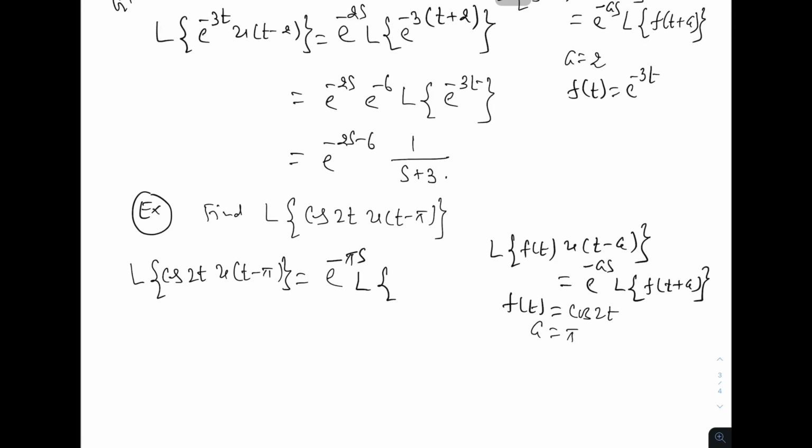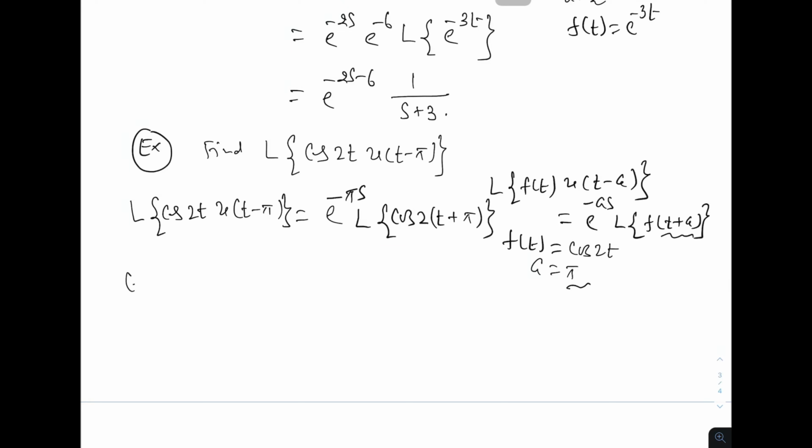F of t is cosine 2t, so this is cosine 2 times t plus pi. Take care, not difficult. Now cosine of 2t plus 2 pi is in the first quadrant, so that is nothing but cosine 2t.